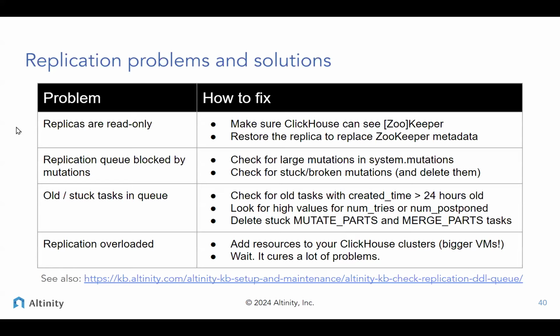So mutate parts and merge parts tasks can be safely deleted. And then a final one, and this is very common if you're just under-resourcing ClickHouse: replication may just be overloaded. Replication does require reading and writing, and so if you don't have sufficient resources, you have very high query load.